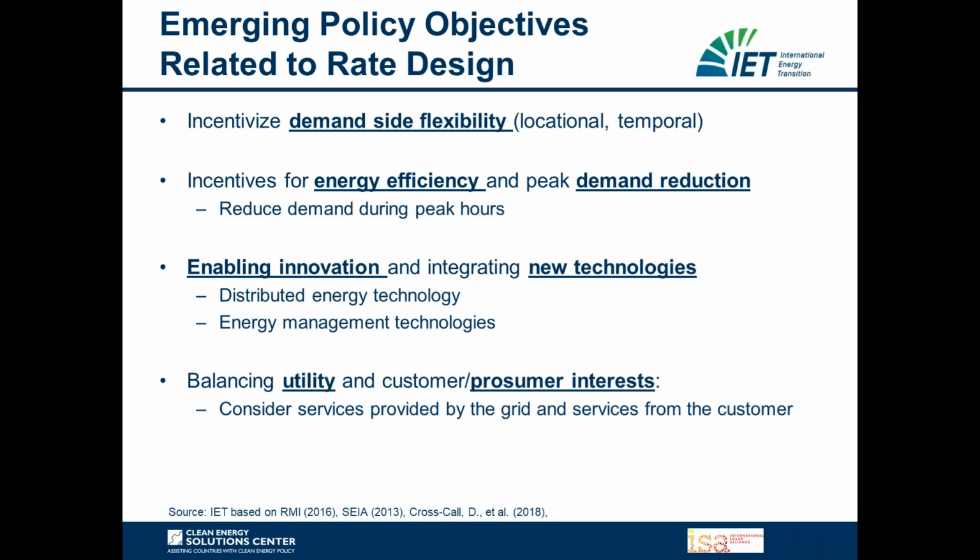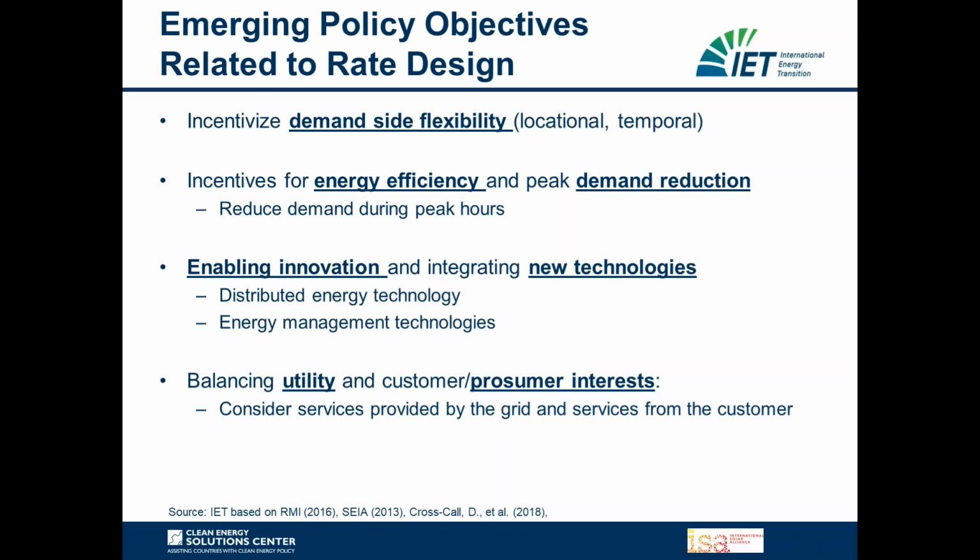What is also frequently included nowadays is incentives for energy efficiency and also peak demand reduction, because the peak demand is usually the most costly units in the electricity system, because they determine how much peaking capacity we need to add to the system. So there have been frequently incentives to reduce this peak demand in order to also assure a cost-efficient overall system.